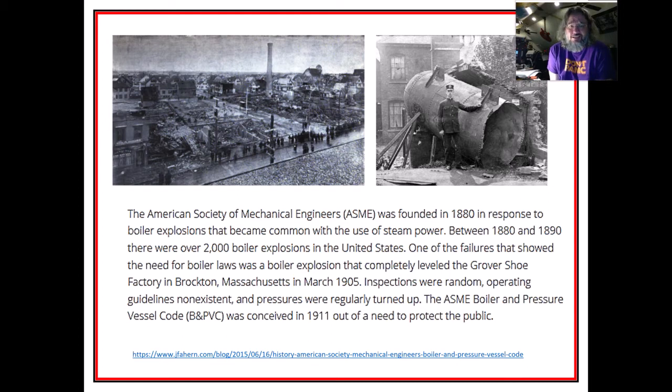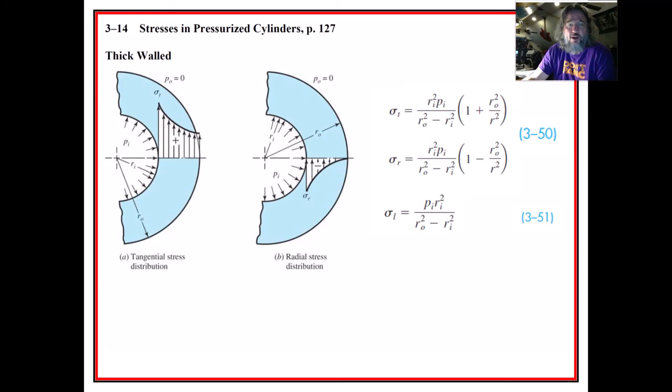It wasn't that they weren't able to calculate. There was no standard way of doing things. So that's actually the reason why the American Society of Mechanical Engineers came about, after boiler explosions. Pressure vessels are very much tied to us as engineers, and standards and codes and all those types of things really had their start with exploding boilers. So historically, this is an important thing that we would want to know about.